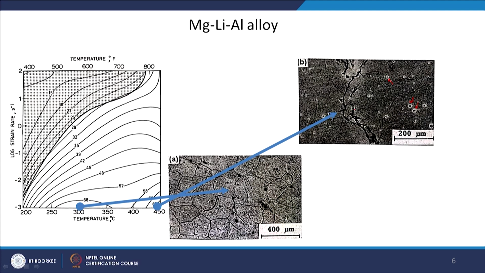So, the idea here is, though it does not show an unstable region and in fact shows a very high efficiency region, you can still get defects in the material. So, for any processing map, it is usually advisable to do a validation.